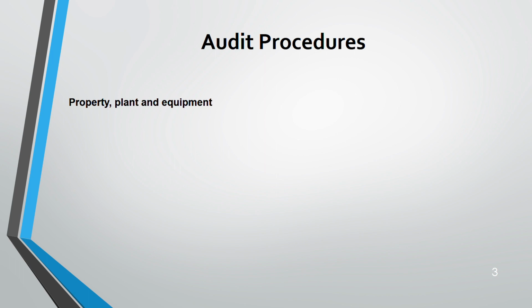Property, plant and equipment is a statement of financial position item. So that means you have to be aware of the assertions on balances. We went through the assertions in my previous lecture, lecture 12: the transaction assertions and the balance assertions. This is the balance assertion, because property, plant and equipment goes in your statement of financial position.